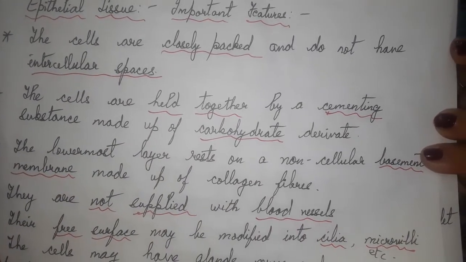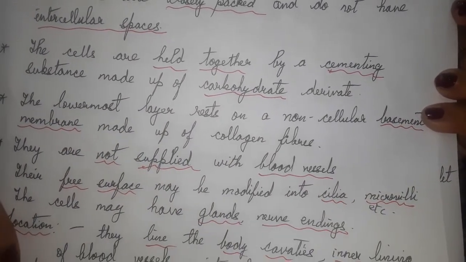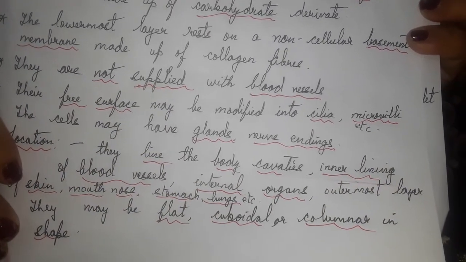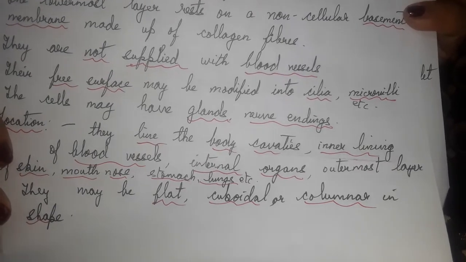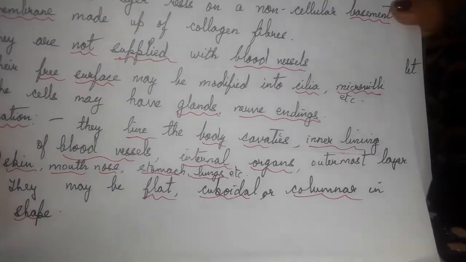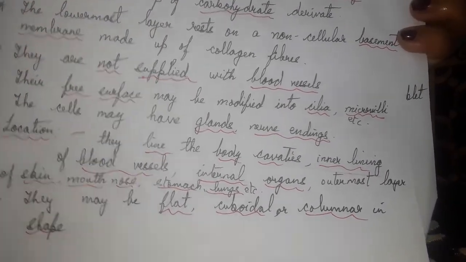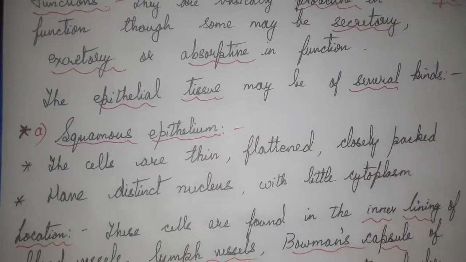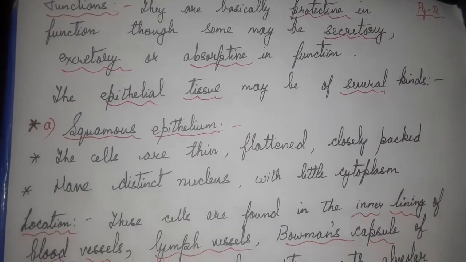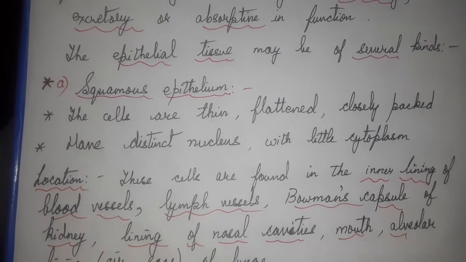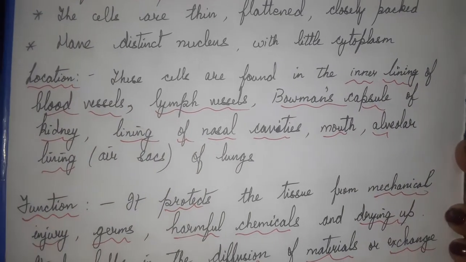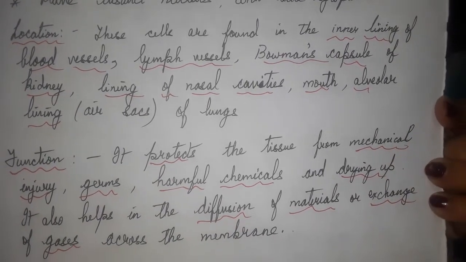So they are usually found lining the internal organs or the surface, internal organs, blood vessels, blood capillaries. On the free surface, they may have cilia or microvilli or glands which are called goblet cells.